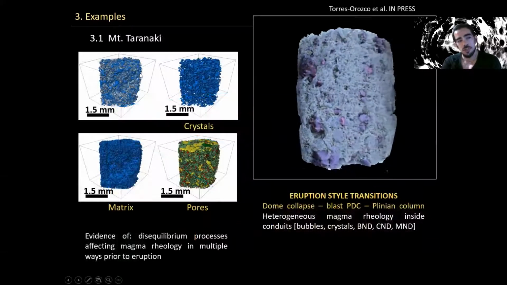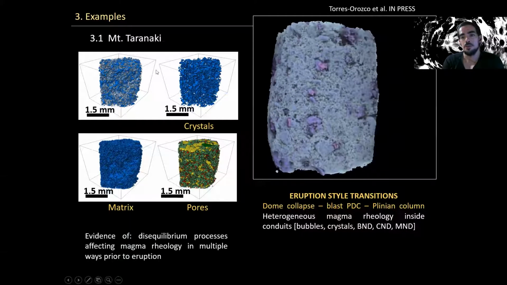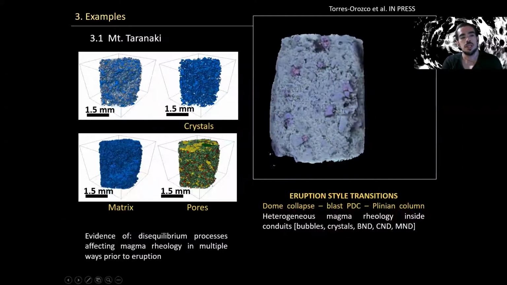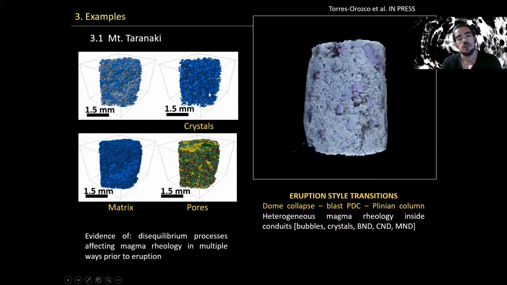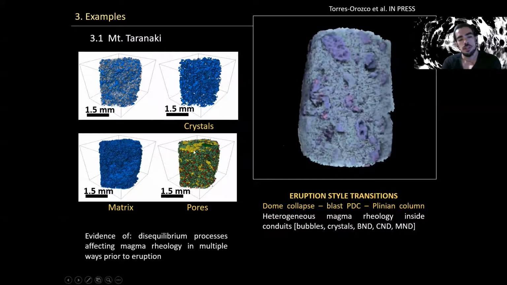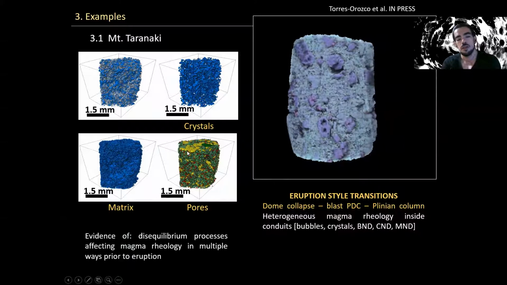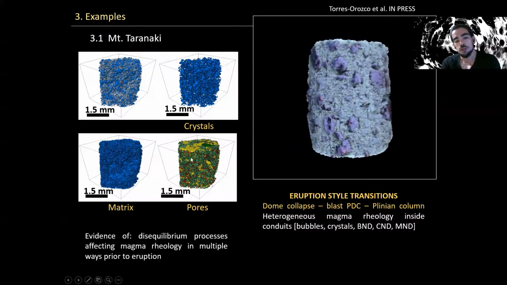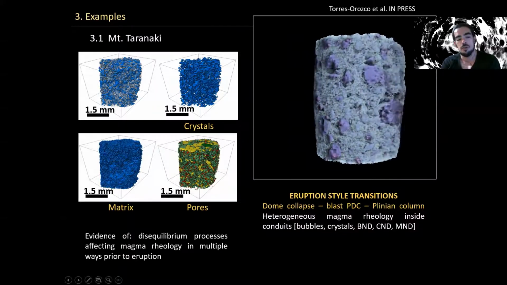We end up with these very nice 3D volume renderings in which we can separate whole rock into crystals, matrix, and also pores. In this case, pores are classified using colors; they are classified by volume.